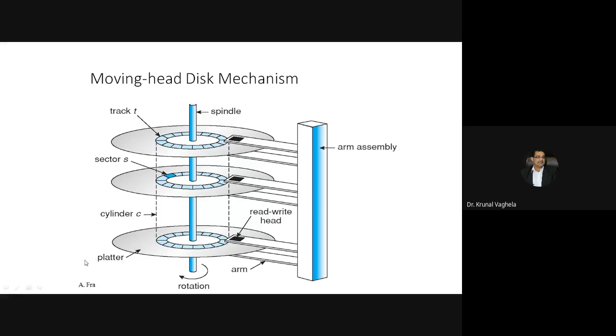It is written over here also, the platters, and platters can be read and written from both sides. So this is on the top, and even on the bottom you can store the data. This is made of magnetic material, and data can be stored magnetically on the hard disk.